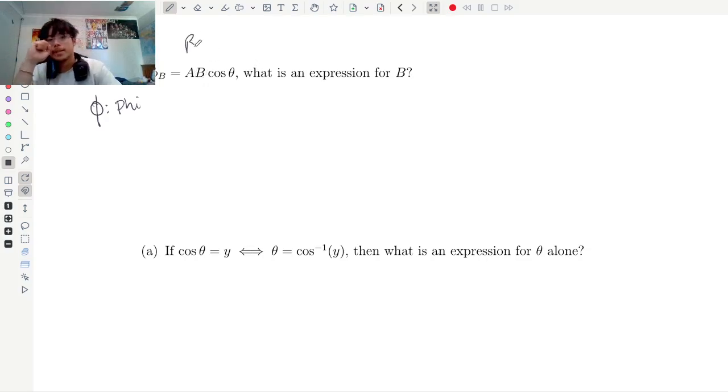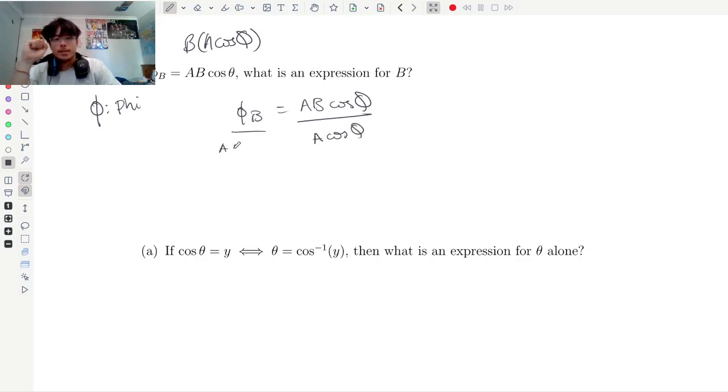Since b is just multiplying a cos of theta, I can divide both sides by a cos theta, and I see that this will cancel with this. Therefore, b is equal to phi of b over a cosine of theta.